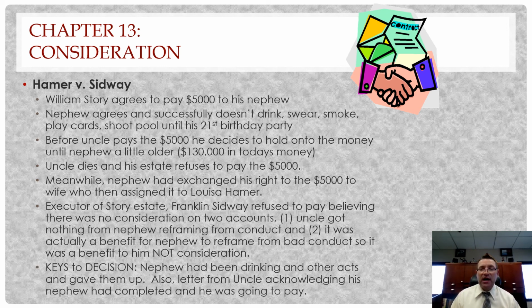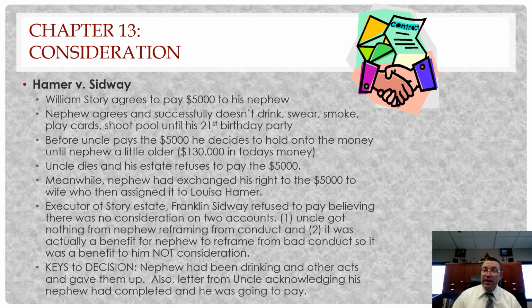Ultimately, what the court decided was, as you obviously understand, it was consideration. They said, look, the nephew had a legal right to do all those things. He forbore, right, that act of forbearance, forbore doing all those items with the understanding he was going to get paid that $5,000. There was a benefit to the uncle in the sense that he wasn't out there destroying the reputation of the family, wasn't destroying potential business contacts.